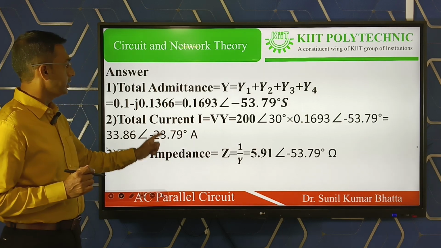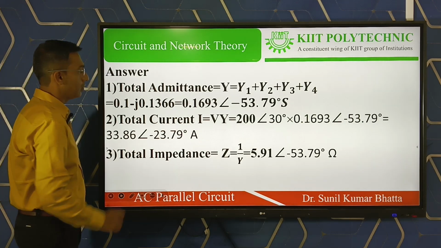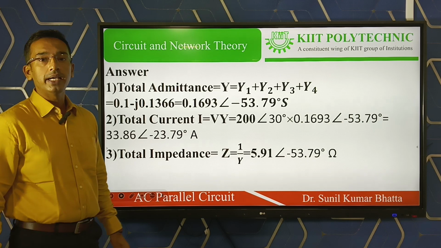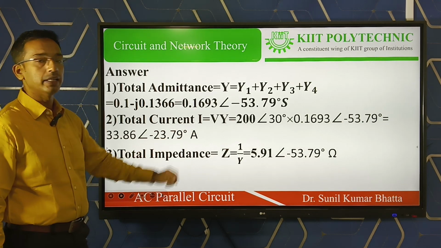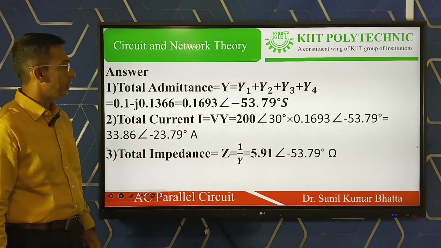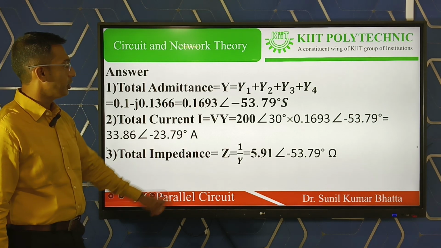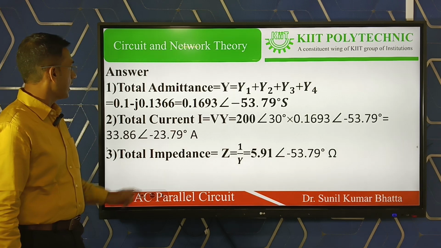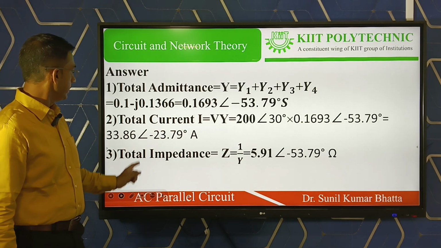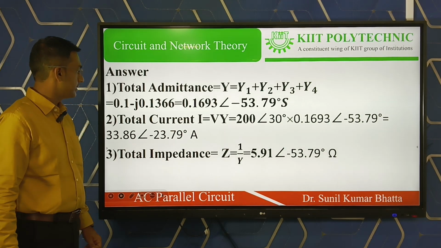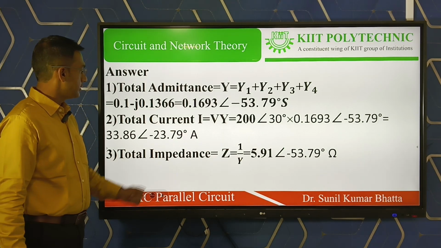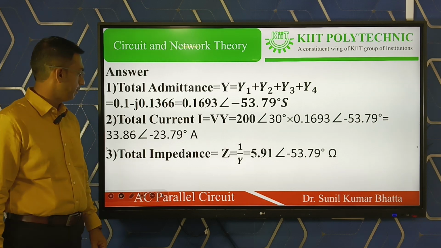Then the total current is I equals V by Z, or V into Y. The voltage value given is 20 angle 30 degree, and it is multiplied with the total admittance. The total current comes to a magnitude of 33.86 ampere and an angle of minus 23.79 degree.